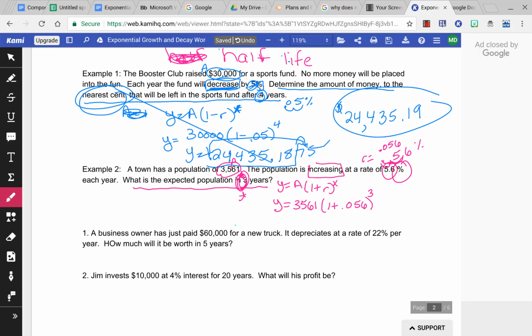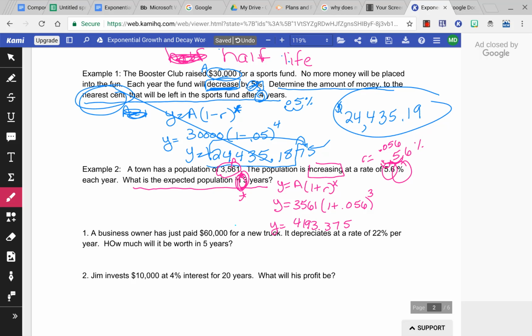Everybody plug it in. Double check, make sure you got everything plugged in properly. And my y value is then 4193.375.